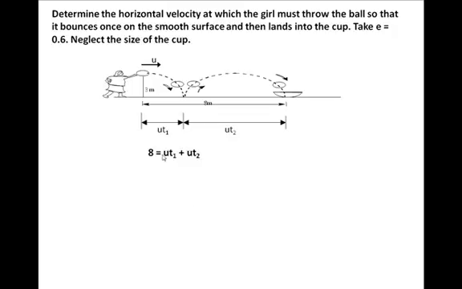We can safely write 8 is equal to ut1 plus ut2, where t1 is the time of travel of the first projectile and t2 is the time of travel of the second projectile. So if we can work out t1 and t2, I think we'll be able to get u.